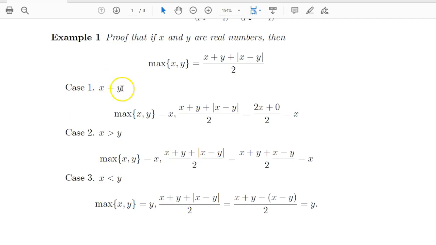Either x is equal to y, or x is bigger than y, or x is smaller than y. So we consider these three cases. Instead of two cases as in the equivalence, we'll have three cases, but it can be proved the same way.